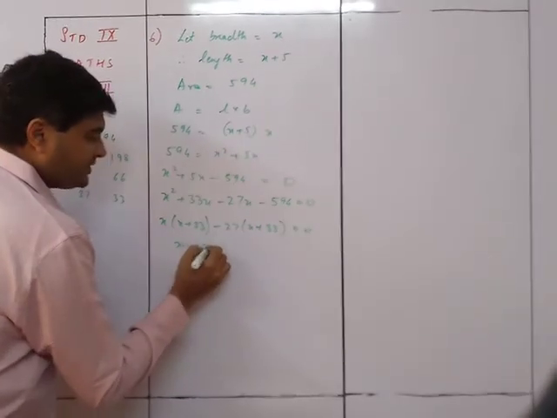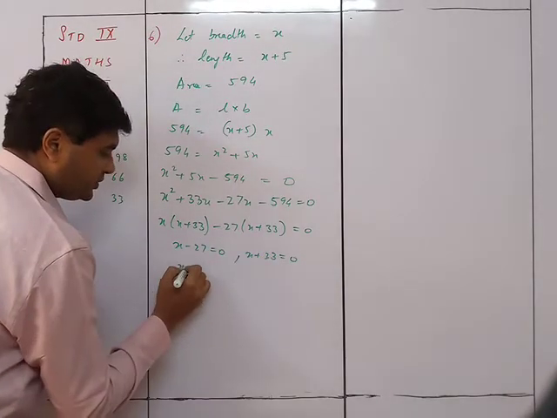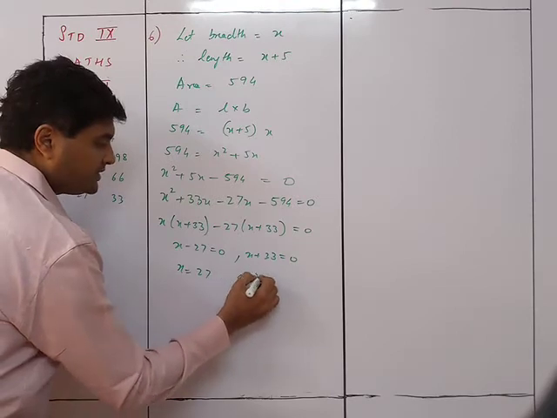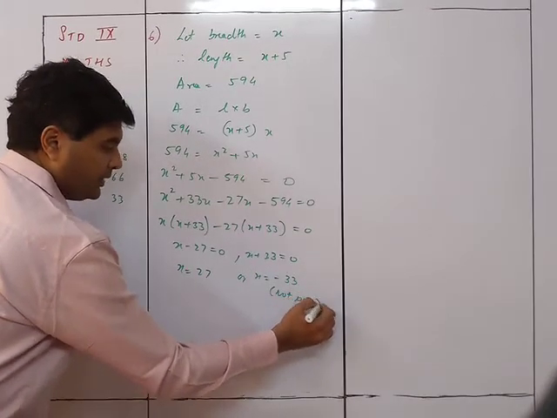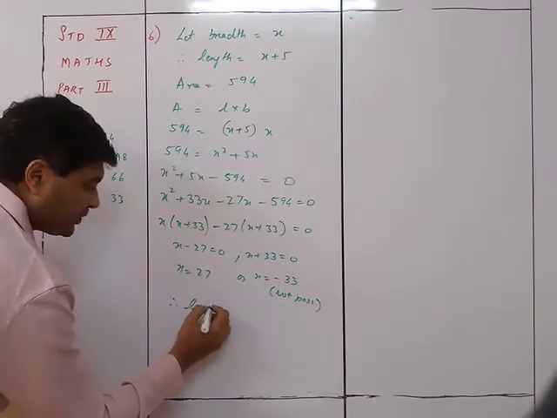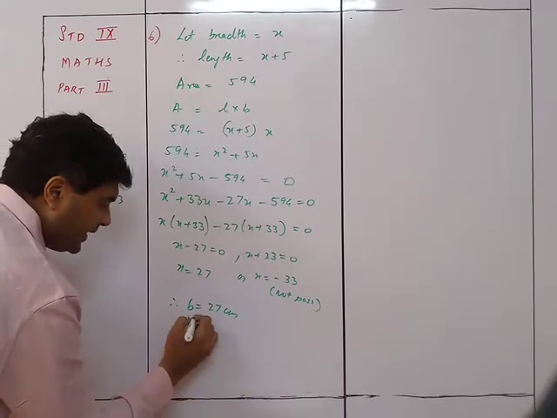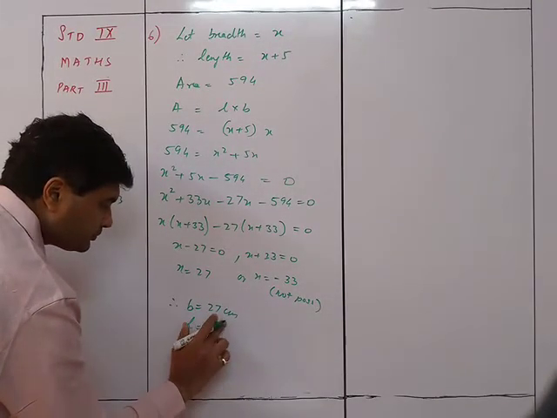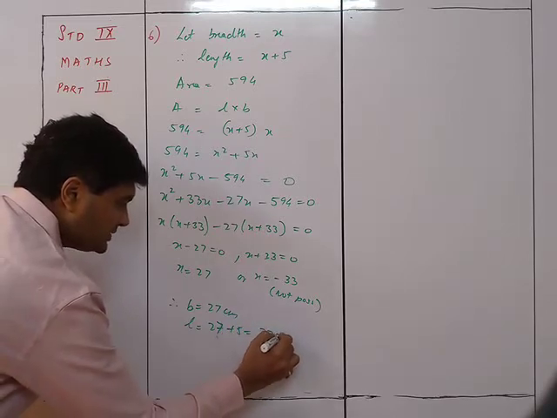So x minus 27 is equal to 0 and x plus 33 is equal to 0. So x is equal to 27 or x is equal to minus 33, which is not possible. Therefore, breadth is equal to 27 centimeters and length is equal to 27 plus 5, which is 33 centimeters.